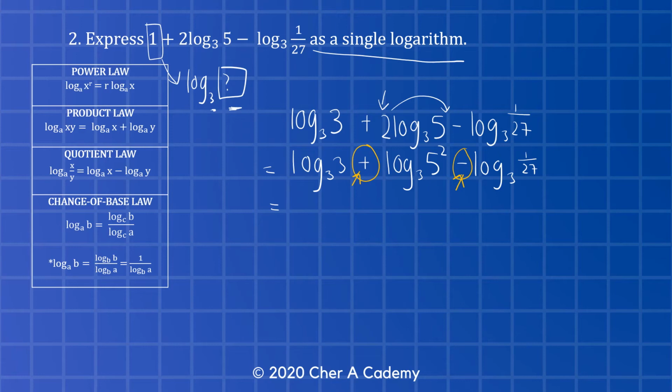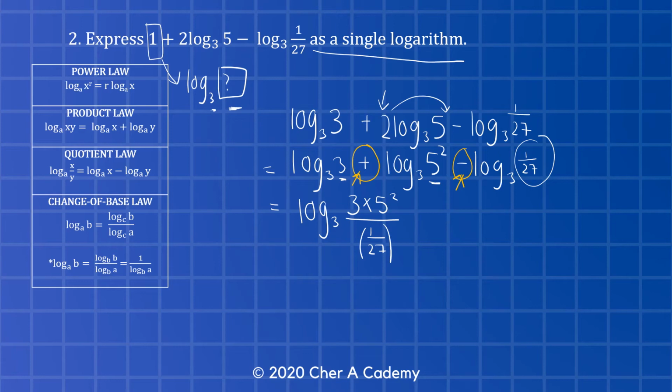So I put my log base 3 down. Okay, so 3 and 5 square will be on top, and they will be multiplied by each other because it is a log plus log. Okay, and 1 over 27 here will be at the bottom in the denominator using the quotient law.